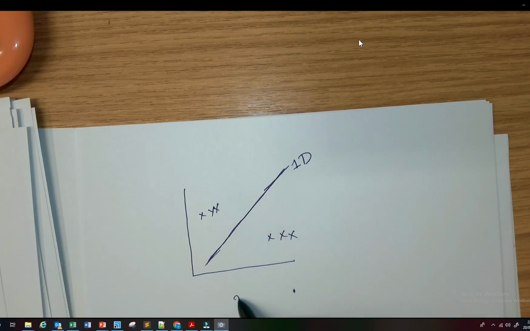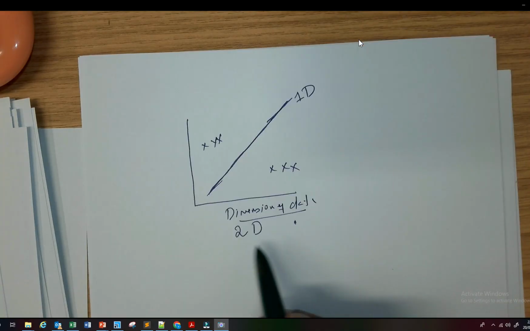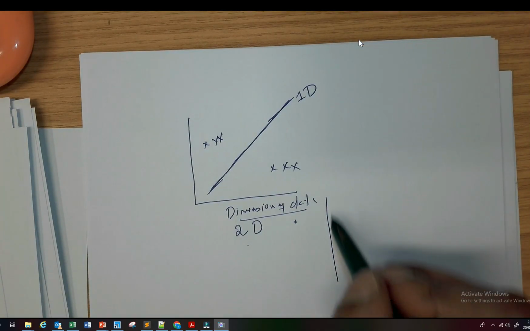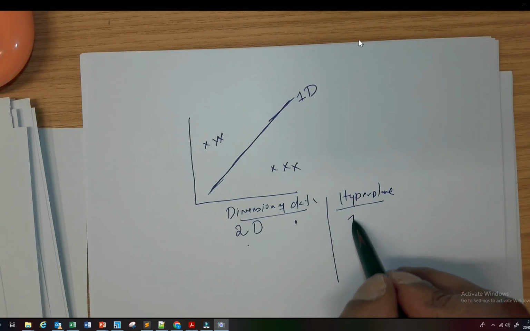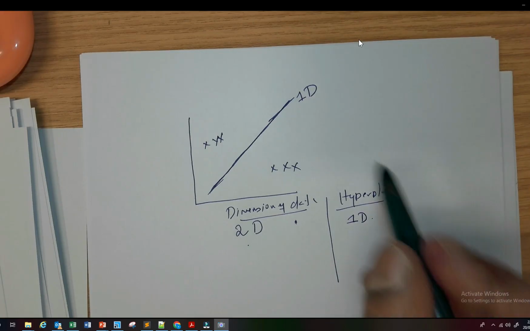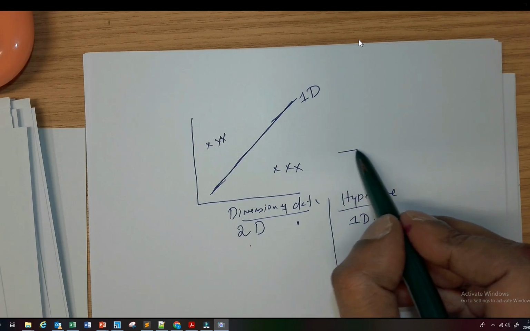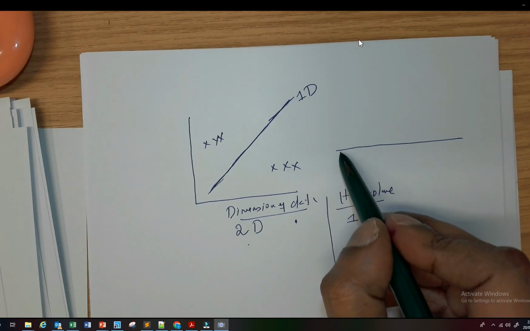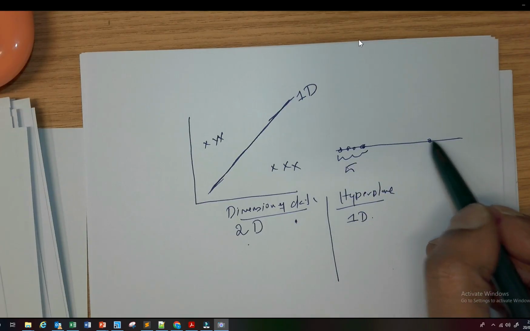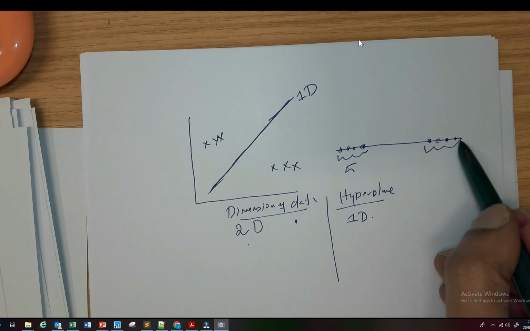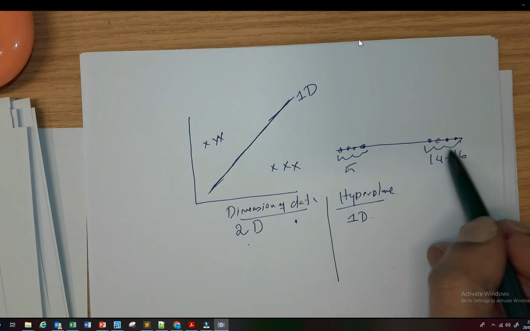So if the dimension of the data is two, then the separator, the hyperplane, is one-dimensional. And let's say we've just measured the height of the students. These students belong to age 5, and another group of students belongs to age 14 to 16.